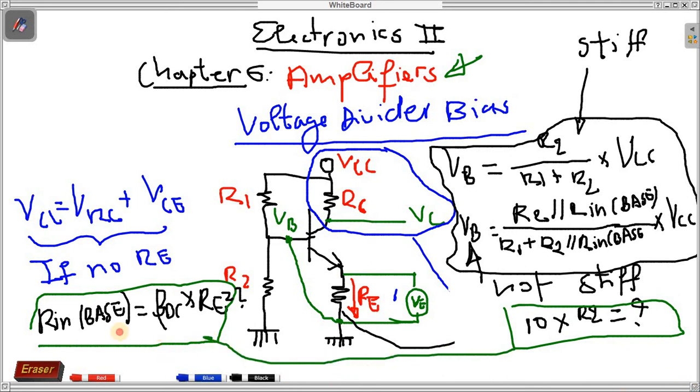If R in base is greater than 10 times R2, which means the transistor is stiff, we use this formula. If it's the opposite, R in base is less than 10 times R2, we use the not stiff formula. So in general, this is what I can give you.